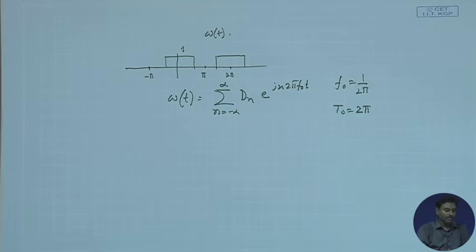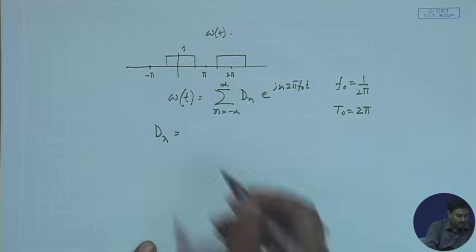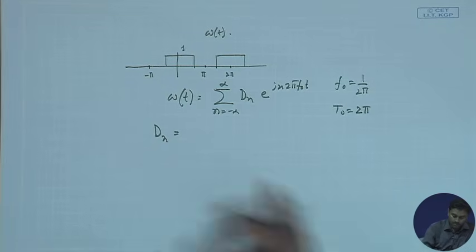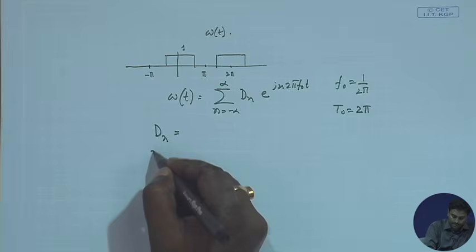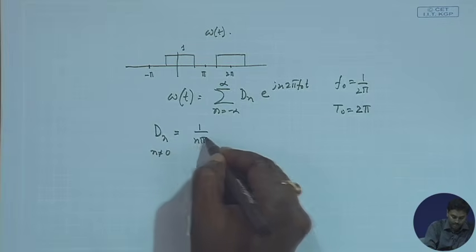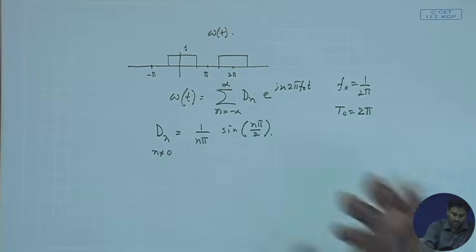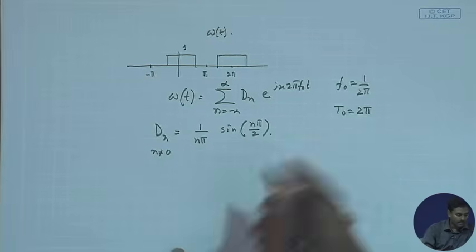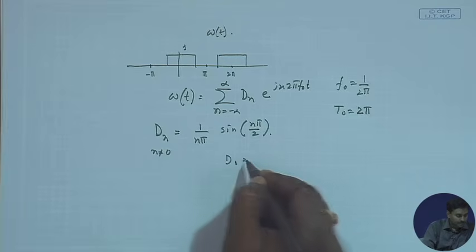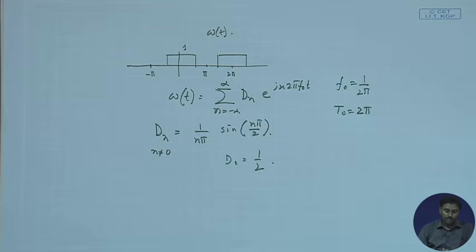So, that is the period, and we have also evaluated our d_n. So, that happens to be, whenever n is not equal to 0, d_n becomes 1 by n pi sin n pi by 2. So, this was our d_n, and d0 was just half, right. So, this is something we have already done.